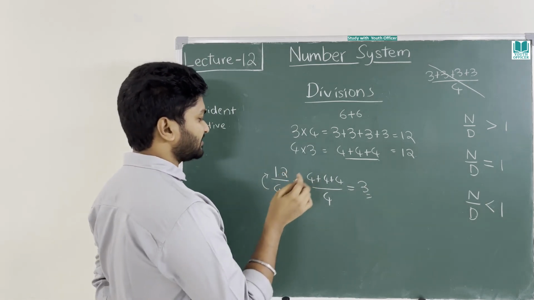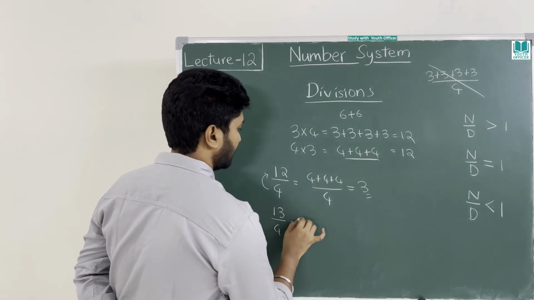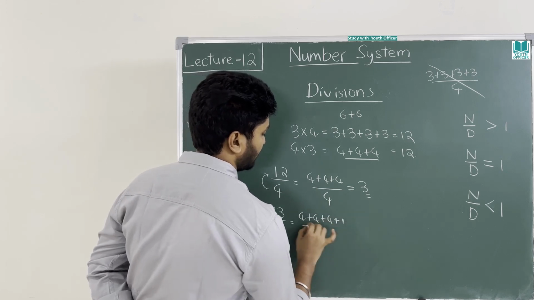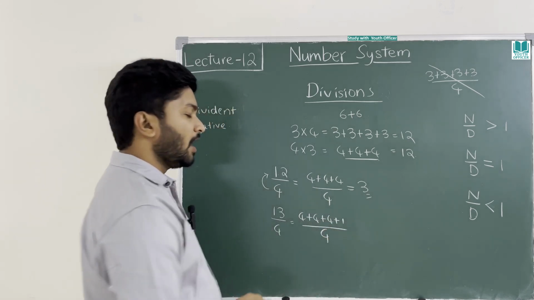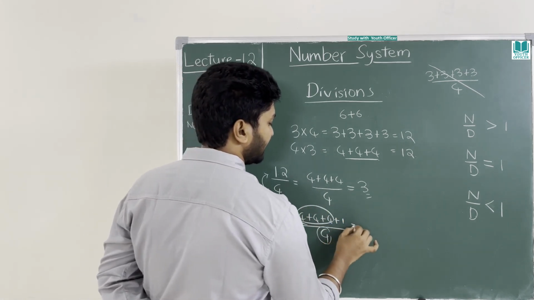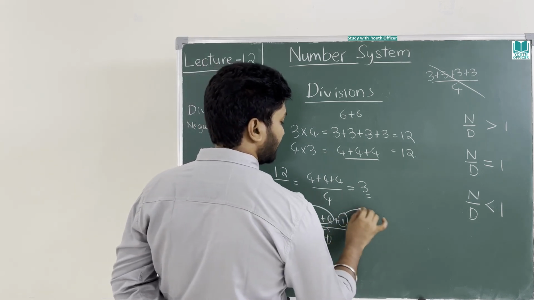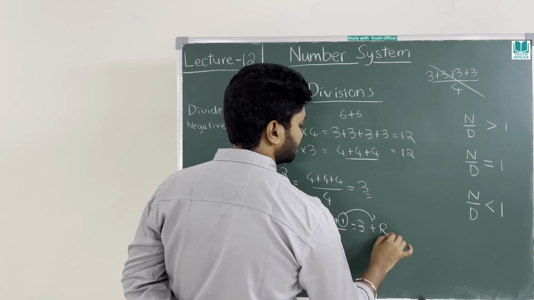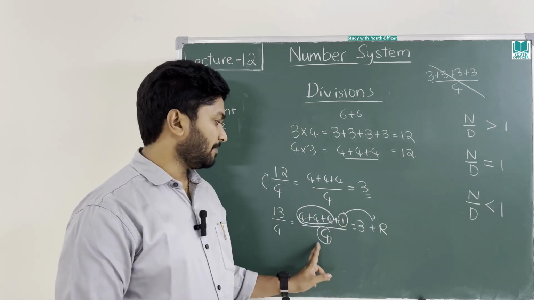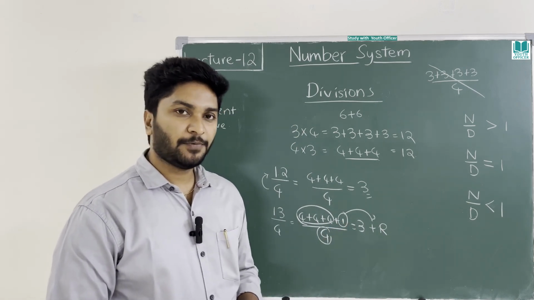Sometimes you get some extra. This is 4 plus 4 plus 4 plus 1 by 4. How many family members of 4 are there in this? 3 are there. And there is a remainder also, plus remainder. This extra, whatever is not the family member of it, is called a remainder. You got the point?